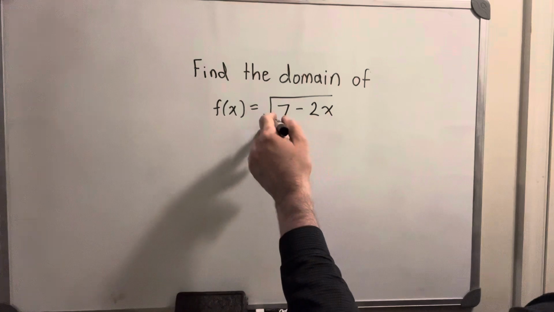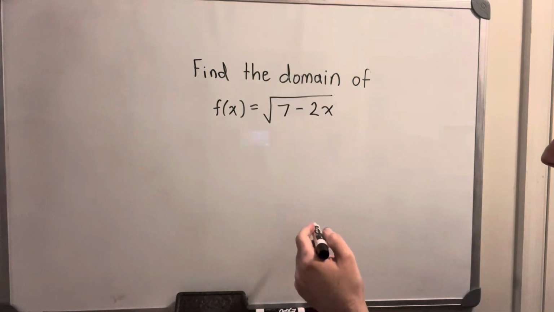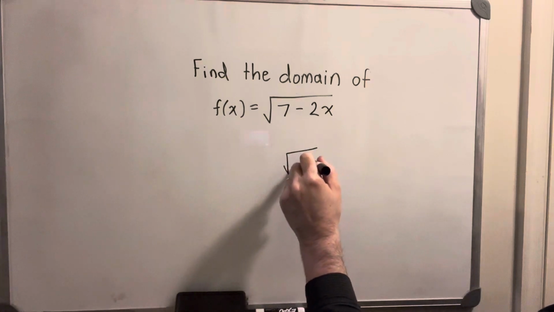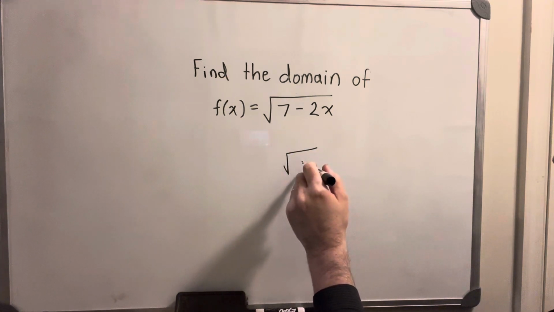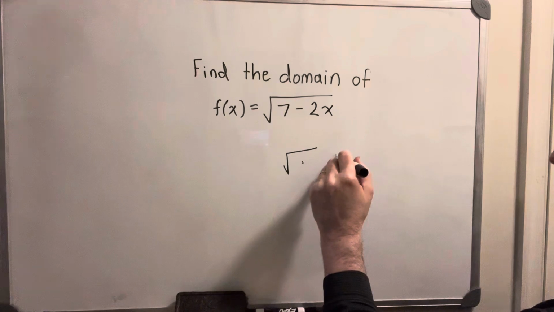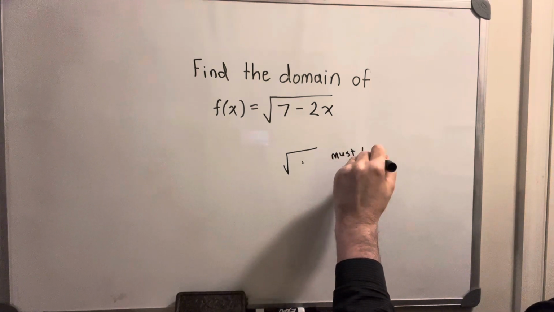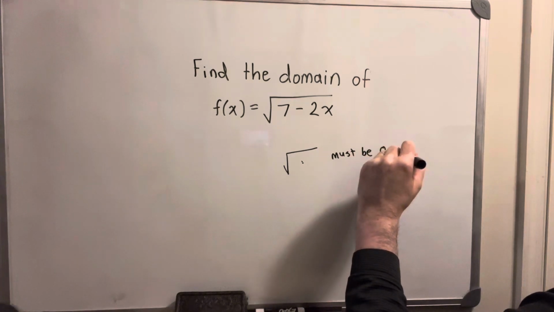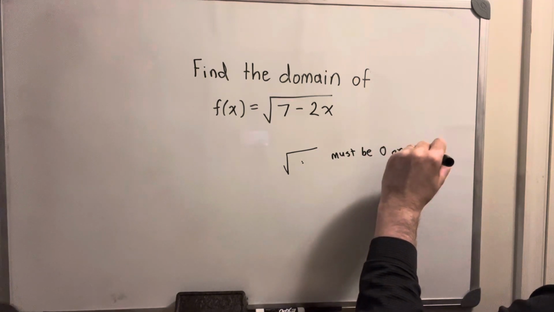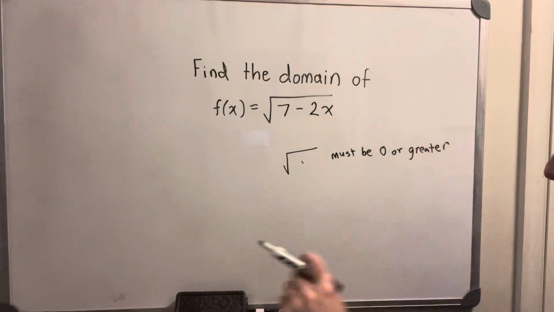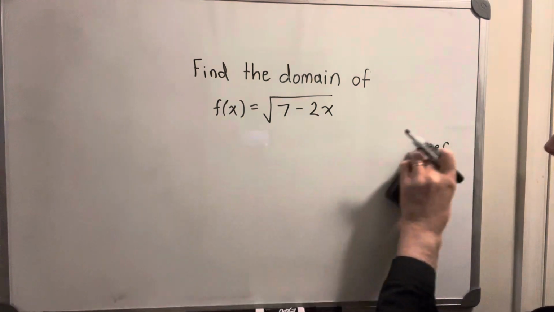The biggest thing is this is the square root, and we know that for real numbers, the thing inside here cannot be negative, must be 0 or greater, right?